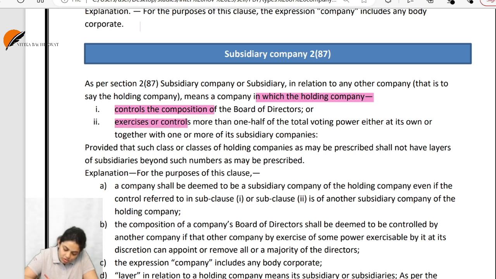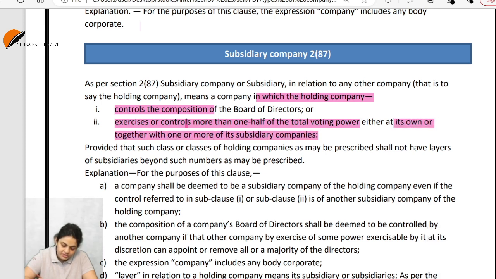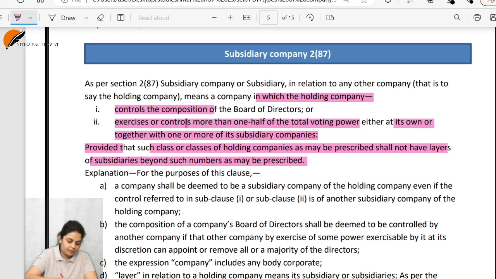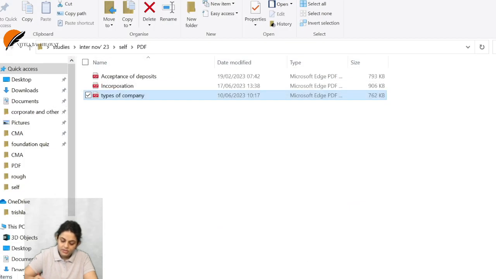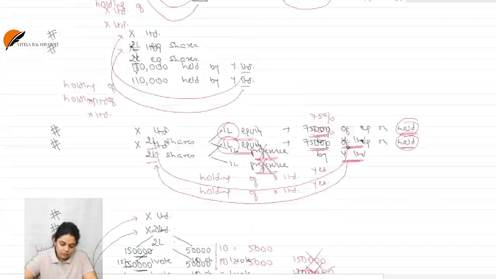It exercises or controls more than one half of the total voting power, either on its own or together with one or more of its subsidiaries, provided it shall not go beyond the layers specified. It shall not go beyond the layers specified. I hope this whole thing was clear to everyone. Yes? Now, moving on.